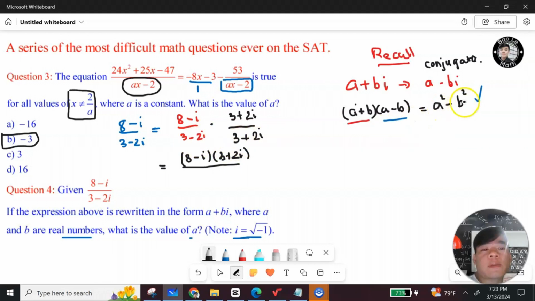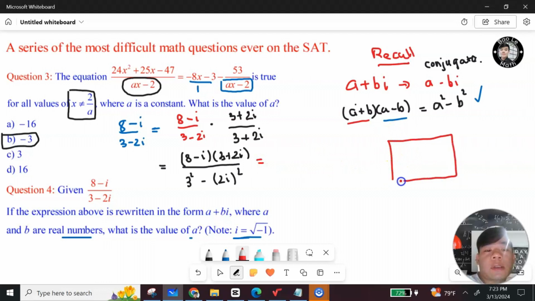I use the difference of squares right here, so it should be 3 square minus 2i square. Now for the top I use the box method. I put 8 right here, negative i right here, 3 right here, 2i right here.